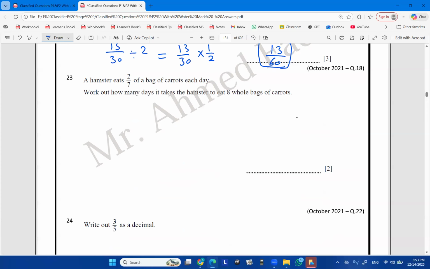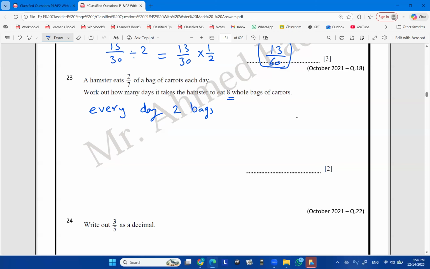All right, so imagine over here that I'm telling you each day, every single day, let's change the fraction and say to you, for example, 2 bags. How many days are needed to reach 8 whole bags? Aha, now it's very easy. I need 4 days to make it 8 whole bags.